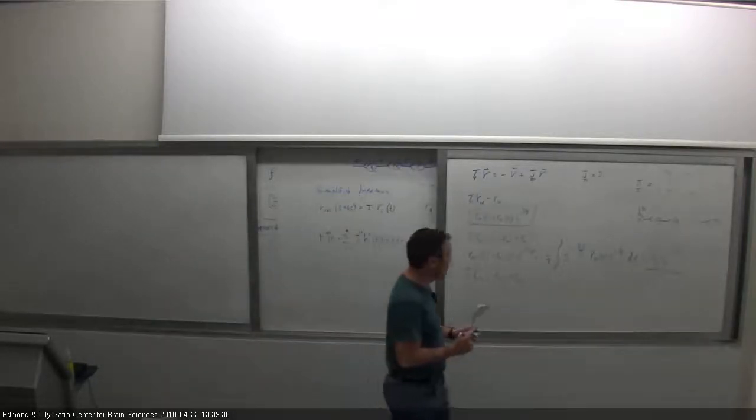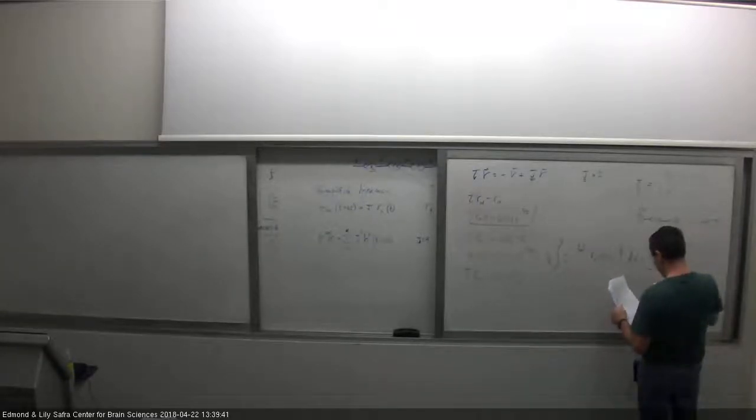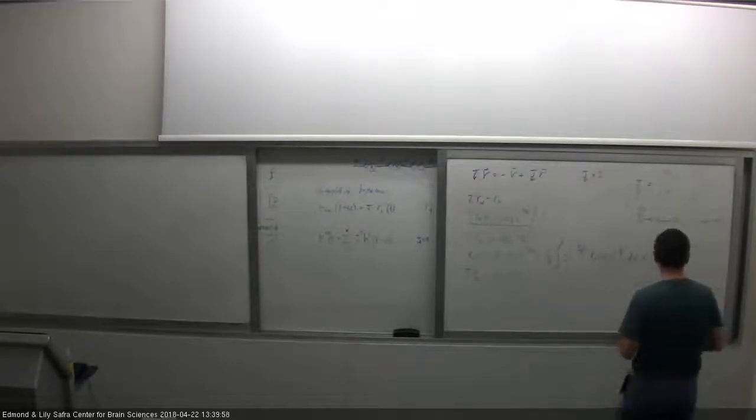And I leave it to you as an exercise to show that this will be equal to 1/2 times t over tau squared e to the minus t over tau.